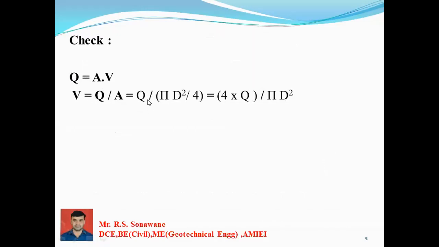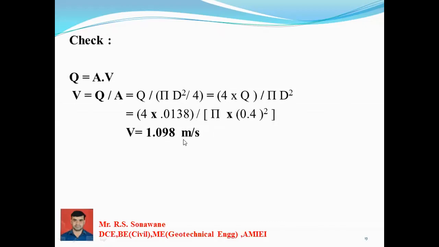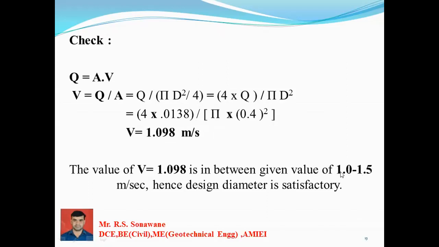So V is equal to Q upon A, that is equal to 4 into Q upon pi d square, that is 4 into 0.138 upon pi into 0.4 square. Here we get the velocity. That velocity should lie between the given range of 1.0 to 1.5 meter per second, hence the design diameter is satisfactory.